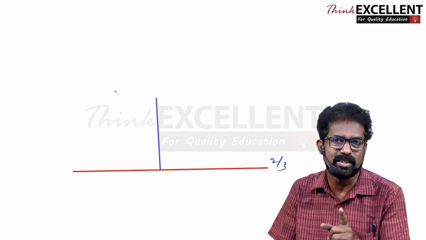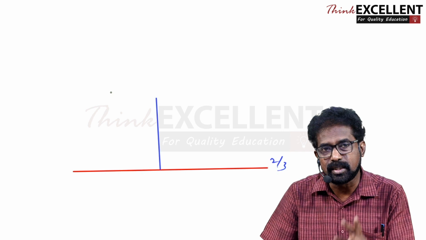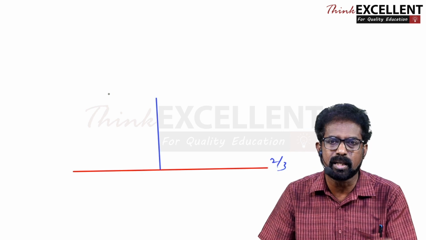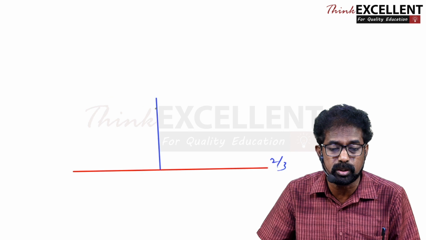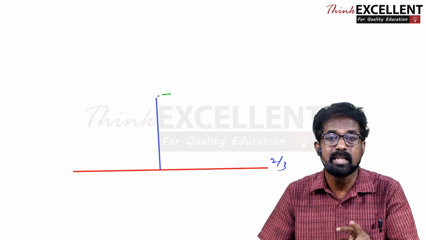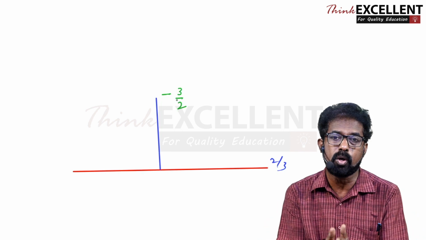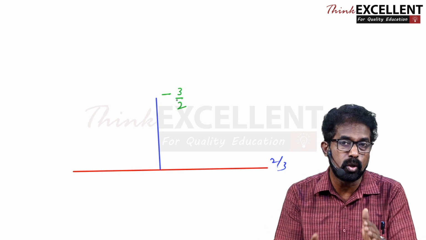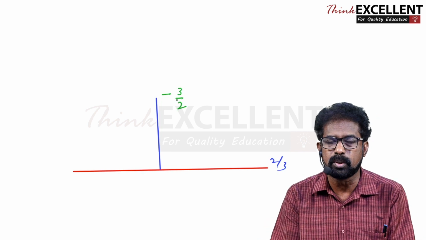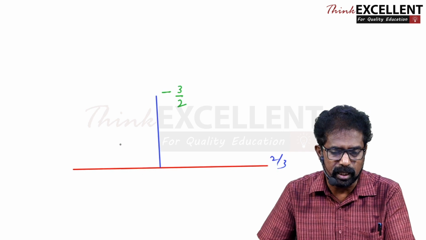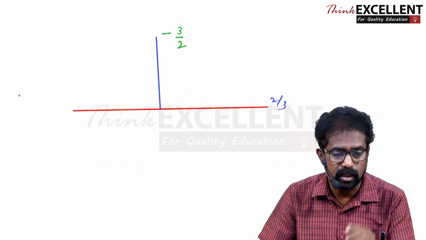Perpendicular means it changes. You change the sign and take the reciprocal. Here 2 by 3 is positive, you make it negative. Take the reciprocal, and what will it be? 3 by 2. So if you know the slope of a line, the parallel line has the same slope. For perpendicular, you change the sign and take the reciprocal. Okay, so that's all about slope.